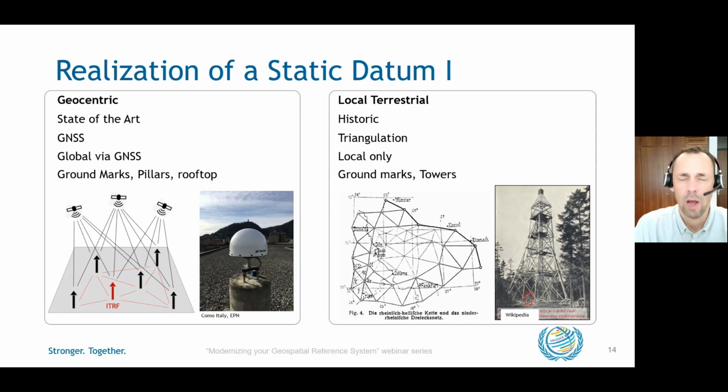The other one on the right represents the traditional way, mostly older, but in some countries still in use. This static datum is built via triangulation networks with passive ground marks and markers on elevated towers. These are not likely connected to ITRF. On the picture, you see an example of a triangulation tower. You can consider its height by relating it to the tree standing next to it.